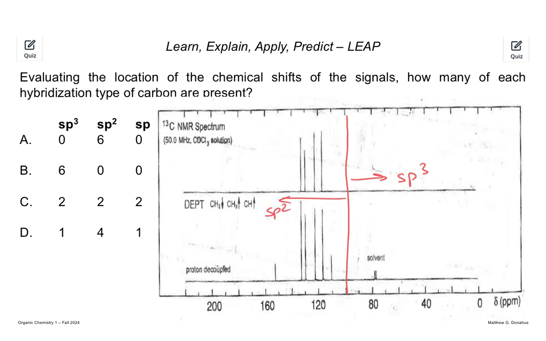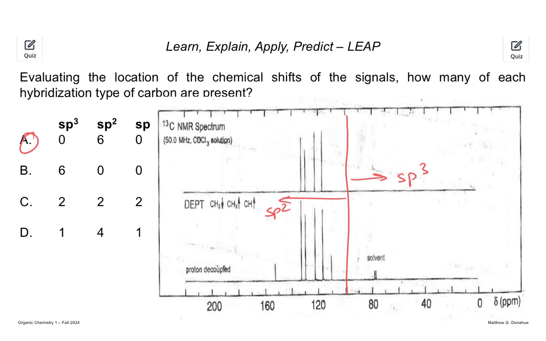And the sp fall sort of in between there, 80 to 100. But if you look at that, you're well above 100. So these are all sp2 hybridized carbons. So we're going to get A is the answer.